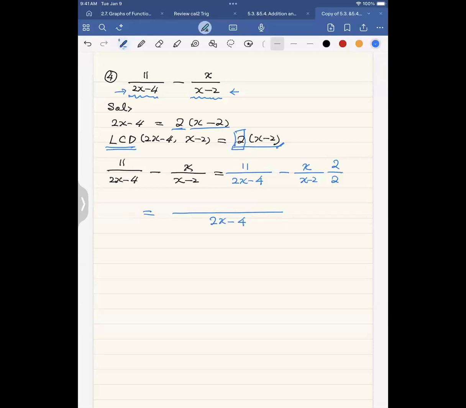So we can combine the numerators together. So 11 minus 2x. Or you can write 11 minus 2x over 2 times x minus 2, if you like the factored form more.